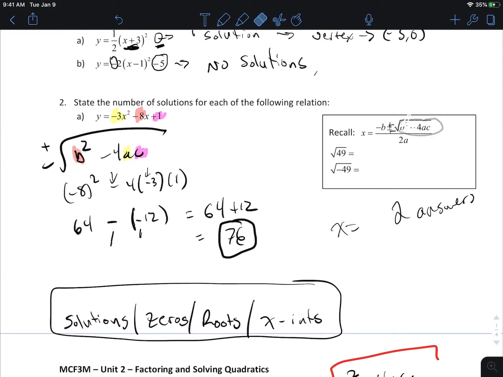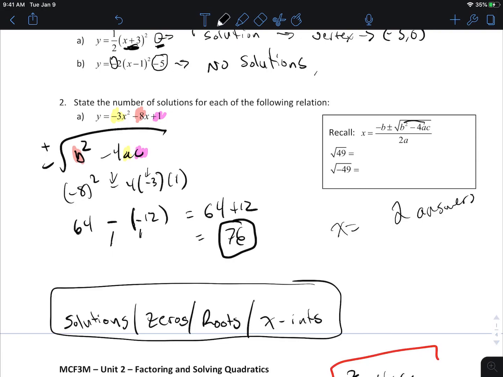Oh wait, no. Wait, what are we finding? X values, right? So the second x value would equal 0. Hey, you guys watching? I don't want to do this 4 times. The second x value would be a negative number, or it would be equal to 0, so it's not applicable, therefore you'd only have 1.